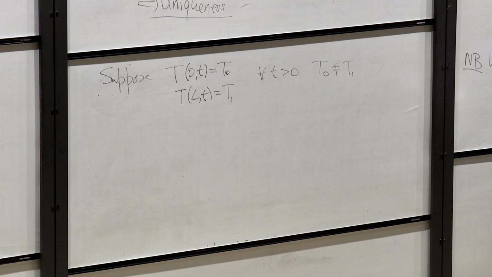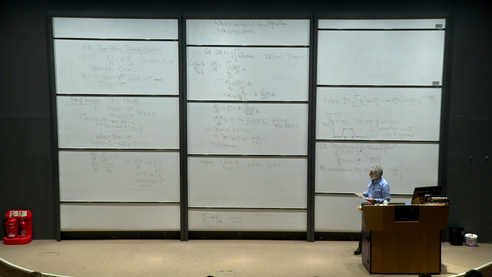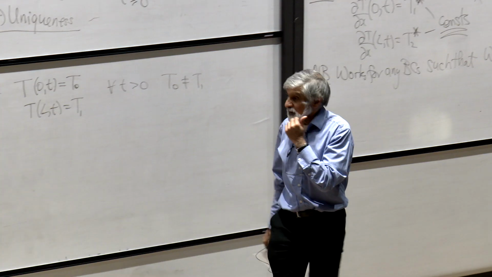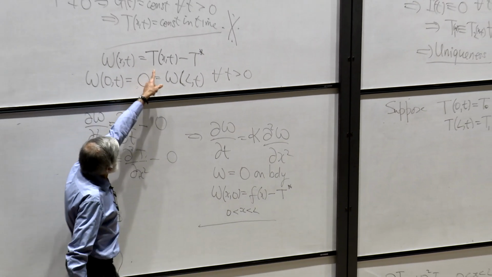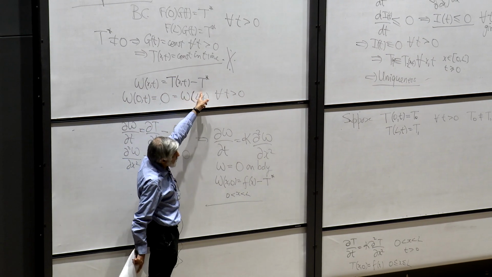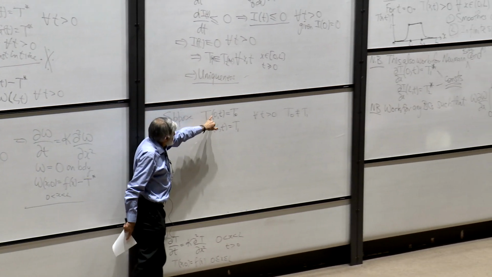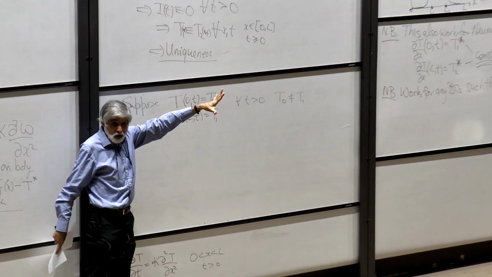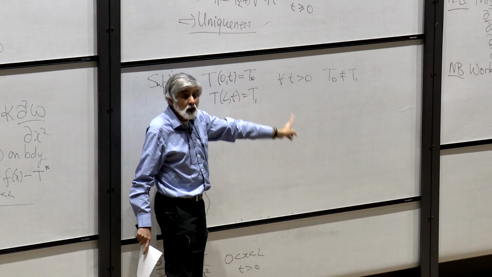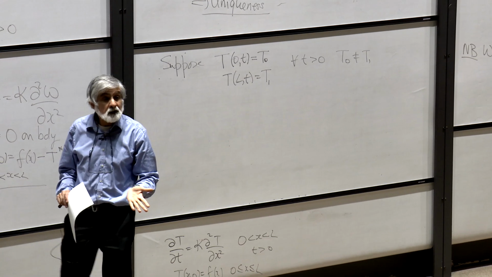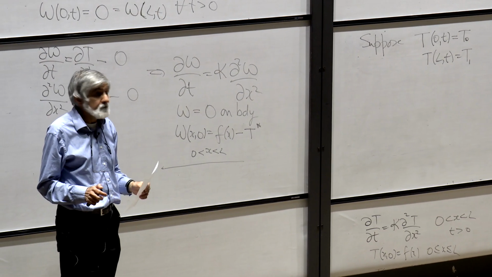So now we can't do that same trick, right? Because if we tried W equals big T minus T naught, then the boundary condition at x equals naught would be naught, so that's fine. But the boundary condition at x equals L would not be naught. And then that's a problem we have again. Okay.